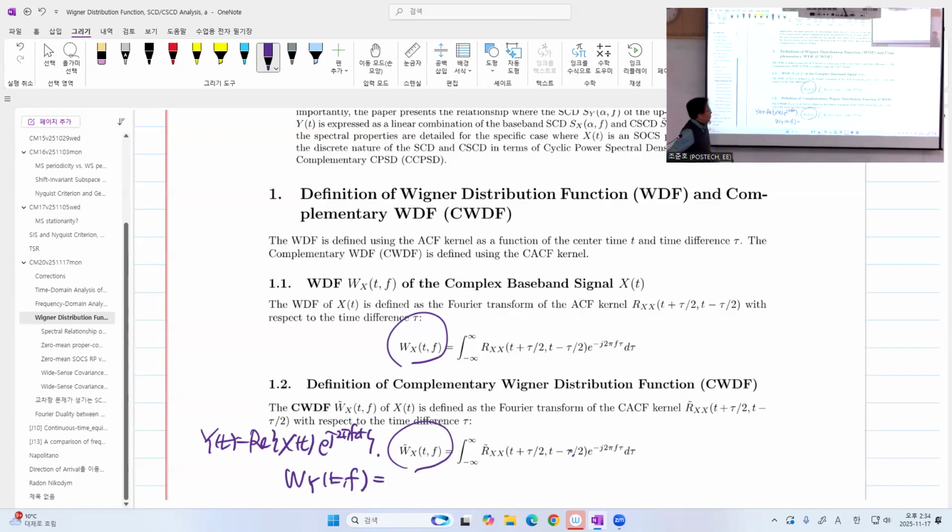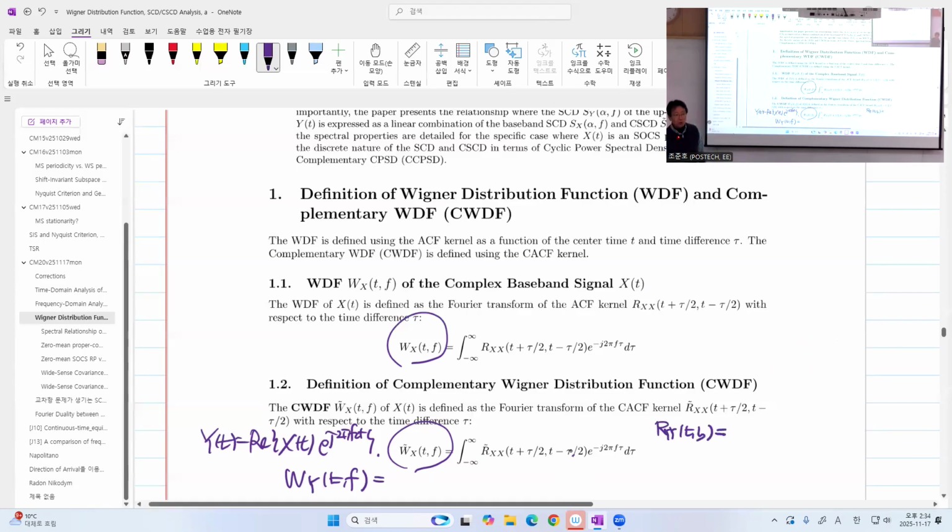Now the question is, how can we find this one? Actually, as you've seen in the previous PDF file, what was that? We already had the autocorrelation function of the real passband signal Y as what? One half of the real part of blah, blah, blah. What was that?